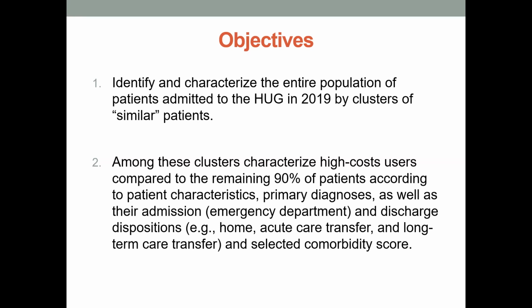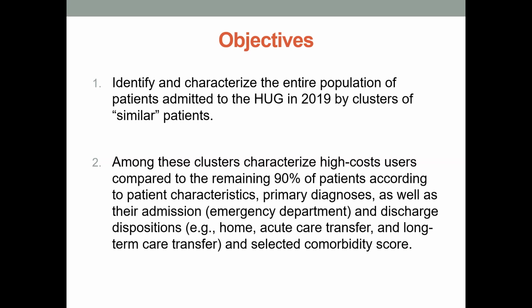We collect for each patient the primary diagnosis, which was coded with what we call ICD code, which is international classification of diseases. We have about 70,000 different codes.